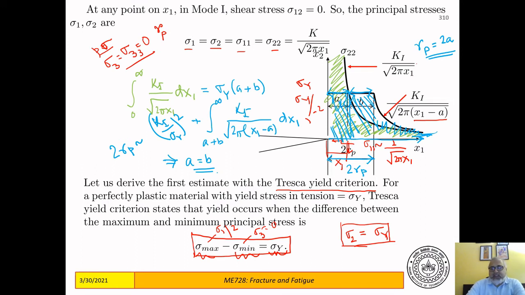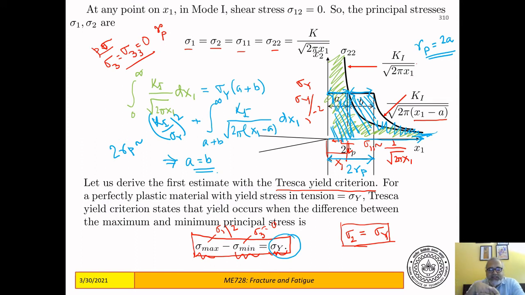The second point is that we are using a situation where this sigma y is independent of the plastic strain. So in other words, we are using what is known as a perfectly plastic material. We're assuming that the material in which the crack is residing is a perfectly plastic material which has a constant yield stress which does not vary with plastic strain.